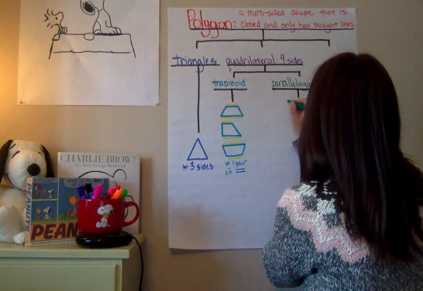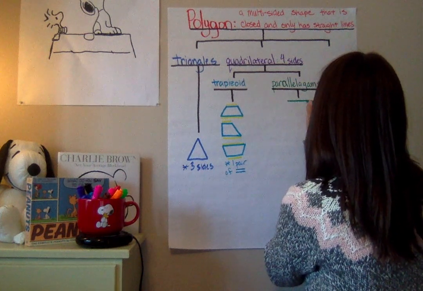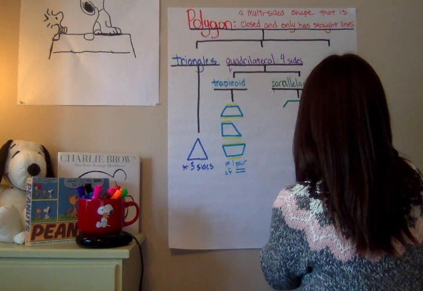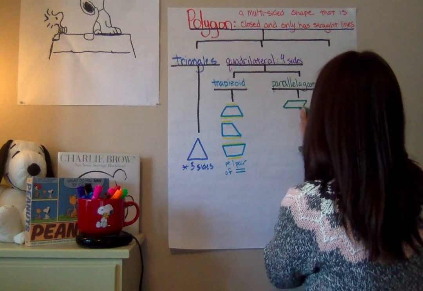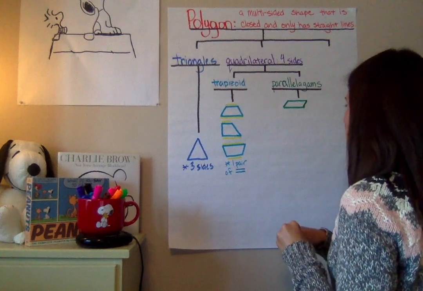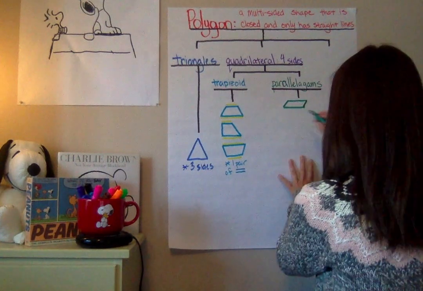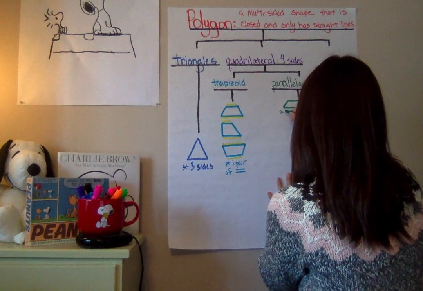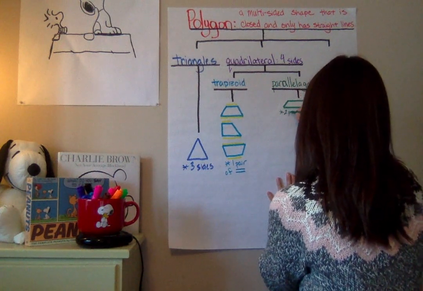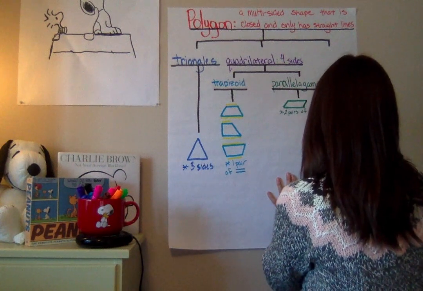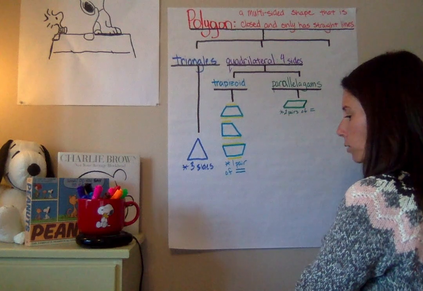So, trying here. Okay, so this is a parallelogram, and this one has two pairs of parallel lines.